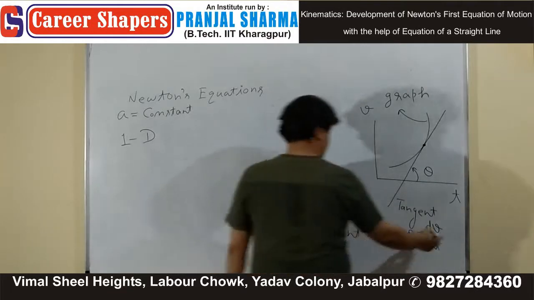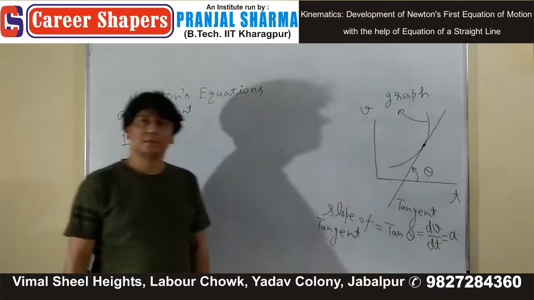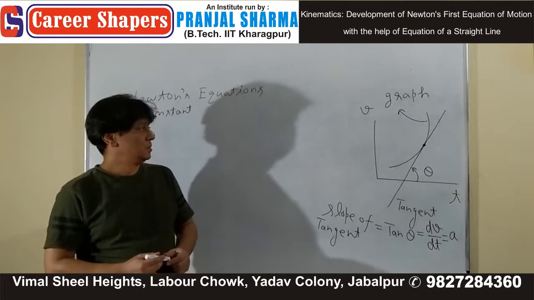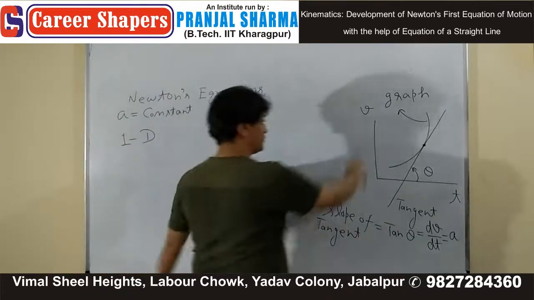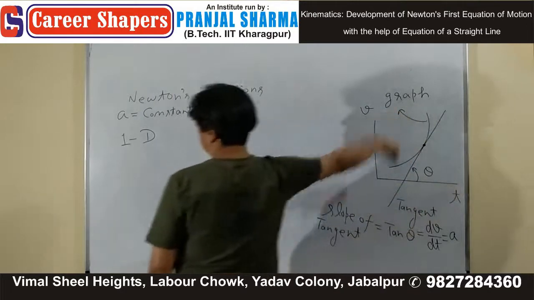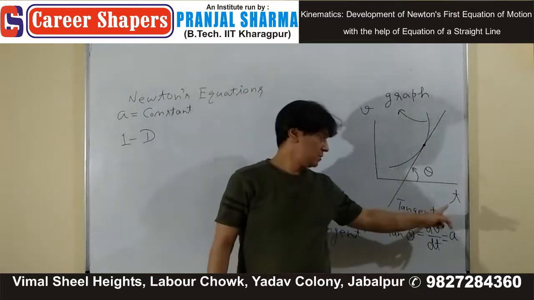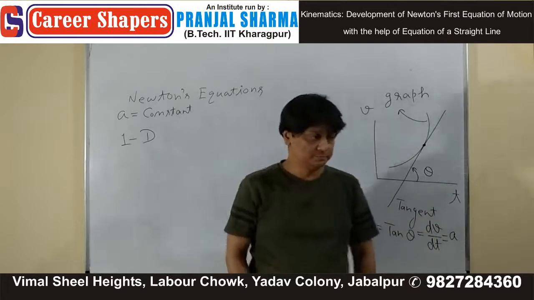And what is dv by dt? A, acceleration. So we have already done this thing, nothing special. If a graph is plotted between v and t, slope of tangent gives us what? Acceleration.